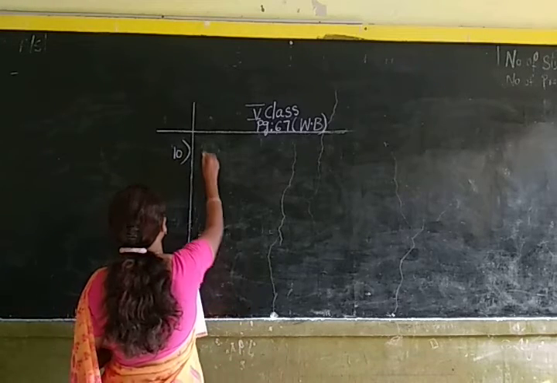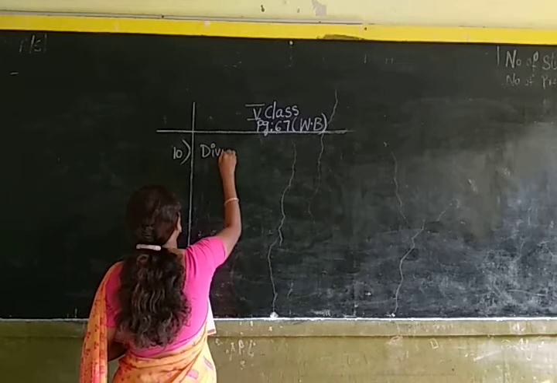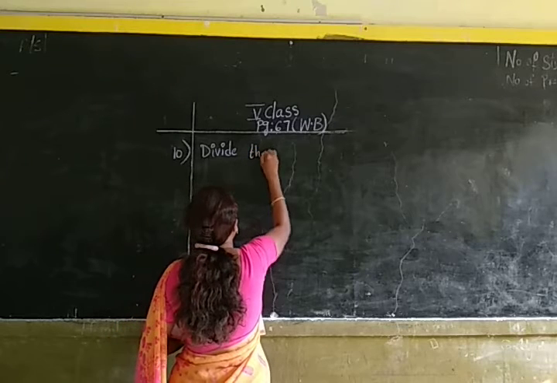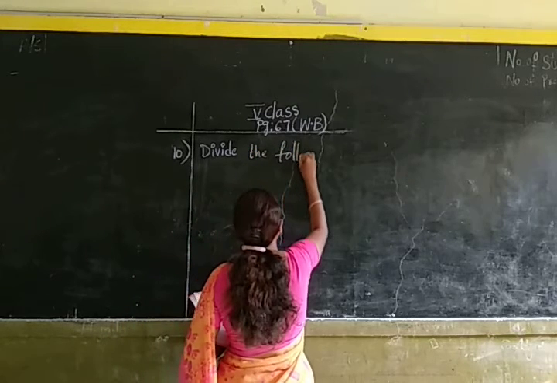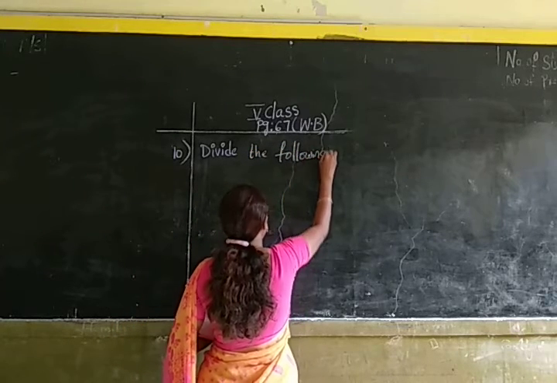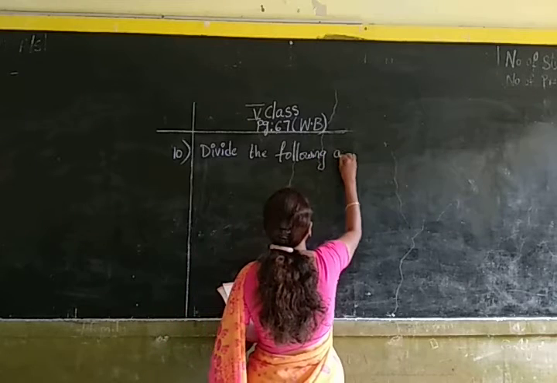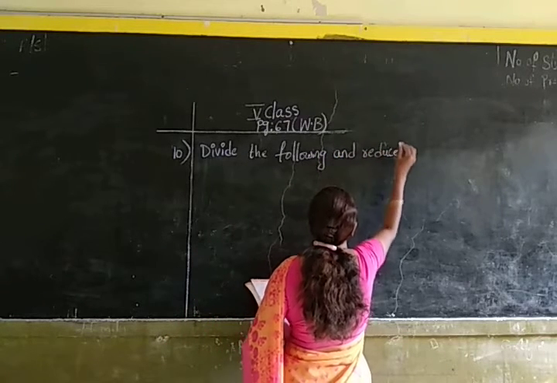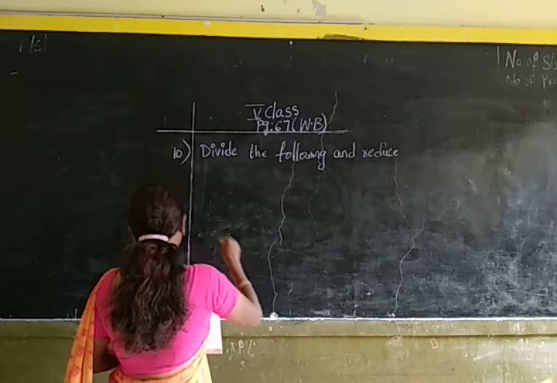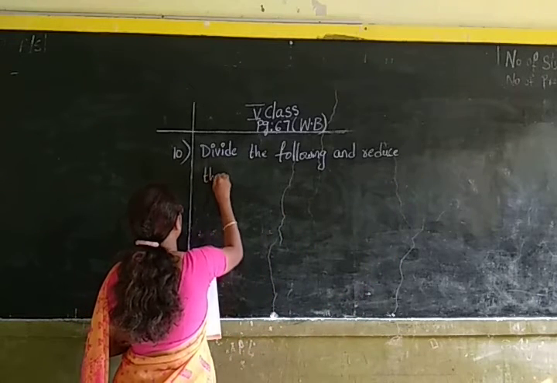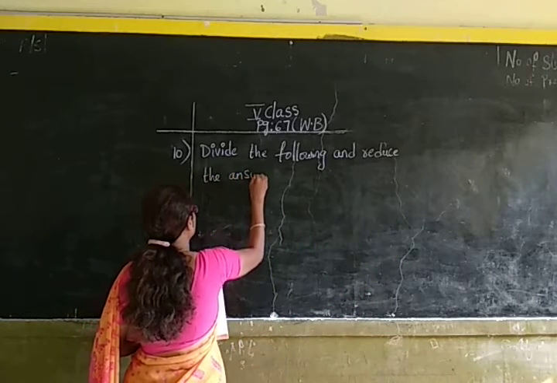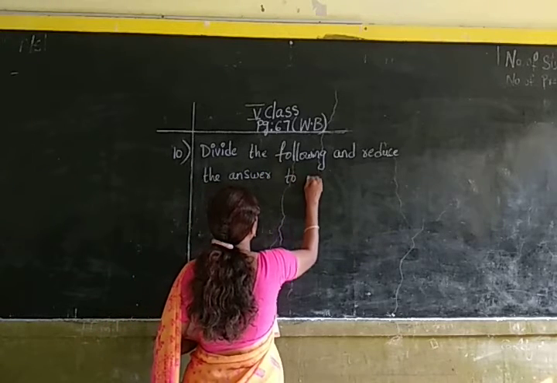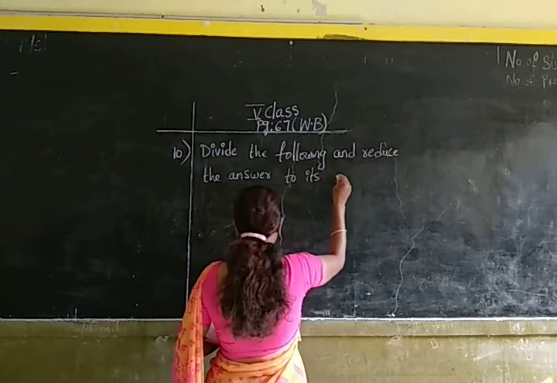Let us write down the question. Divide the following and reduce the answer to its lowest form.